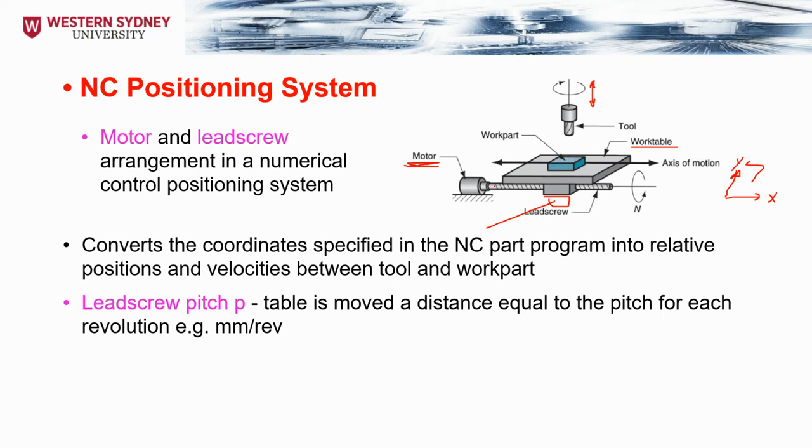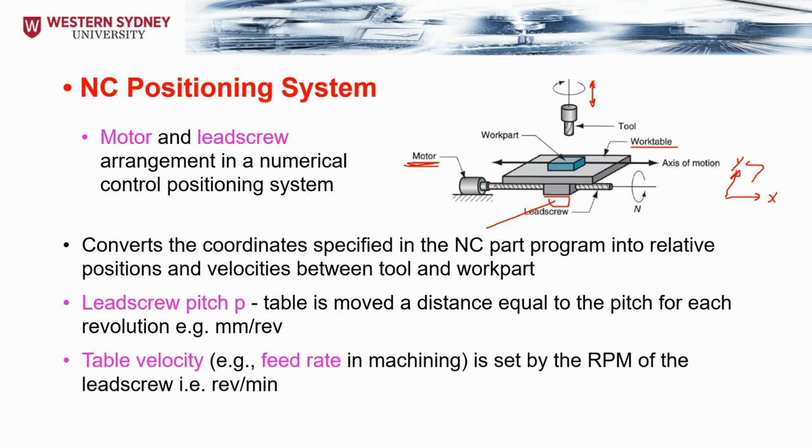Now you can see for the coarse screw, if you turn one revolution, it's going to go, for example, 4.5 millimeters. If you have the smooth one, one revolution is only going to take it 3 millimeters. So that's the difference between the different types of lead screw pitch value.